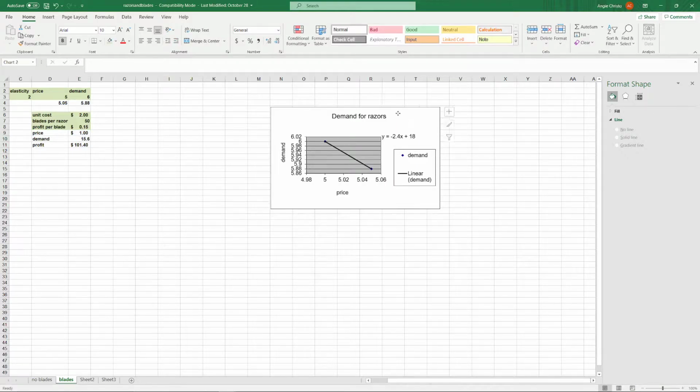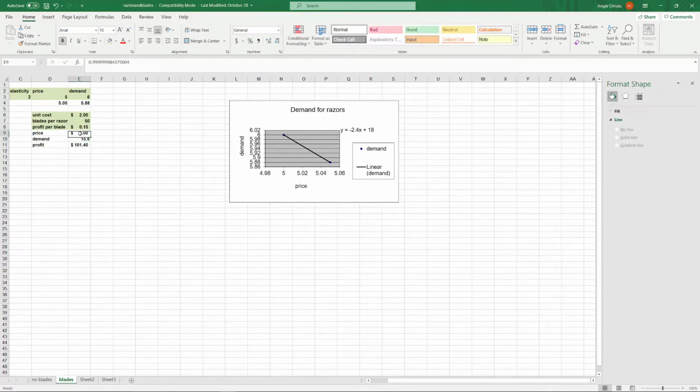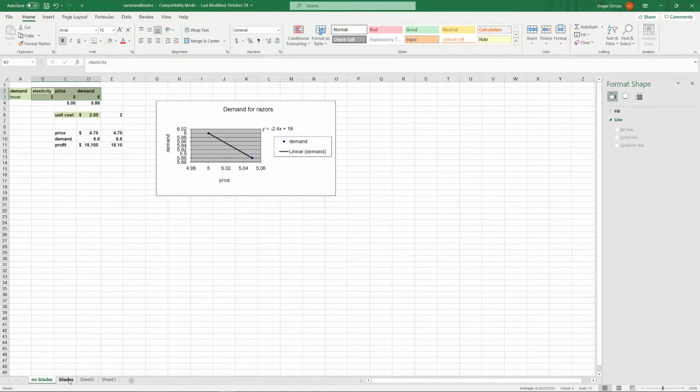That's same as before. You also need to have a place for the price here to include in your calculations. Let's say here, let's put 5, right? That is our starting point. Or you could start from 4.75, which was the result of this calculation, right?